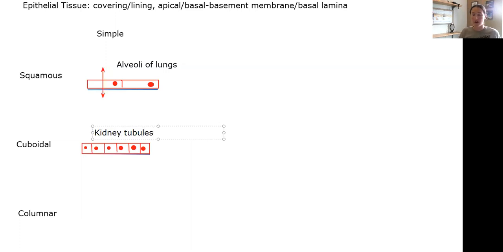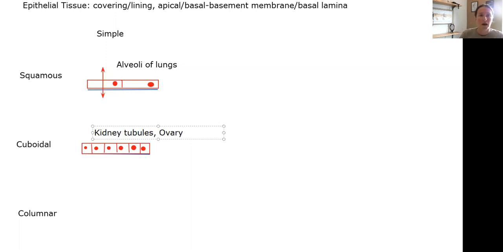Essentially, your urine is going to be flowing through these little tubules called nephrons, secreting and absorbing stuff into and out of the blood, making sure that all the levels of calcium and hormones and everything are exactly right. So the kidney tubules are lined with simple cuboidal epithelium. Also, the ovary secretes all sorts of lovely things like hormones and such, and so the ovary also has simple cuboidal epithelial tissue as well.